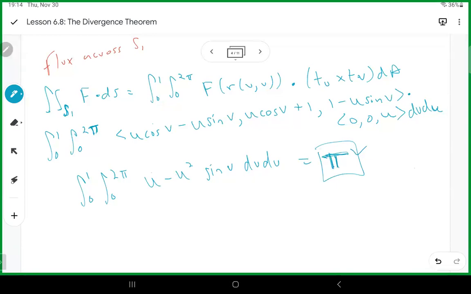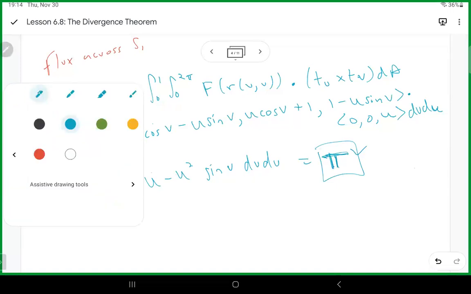Okay, so now we need to calculate the flux over S sub 2. So we have enough room on the next slide. I'm going to start it here and then we'll move over to the next slide.